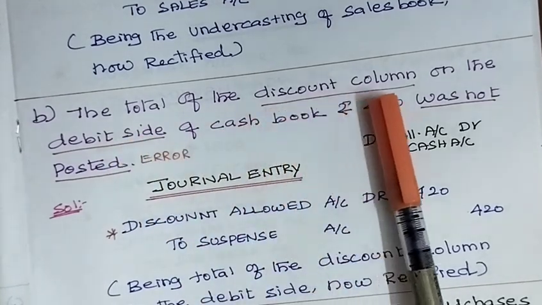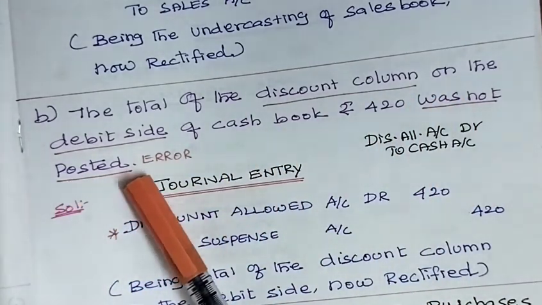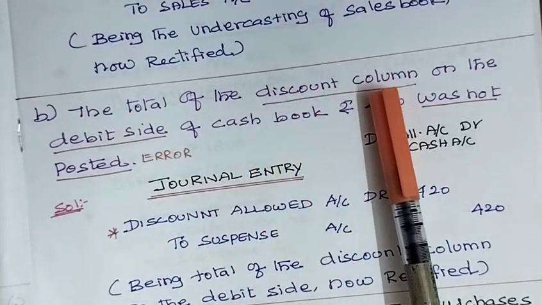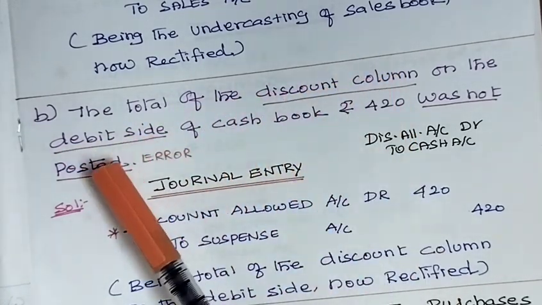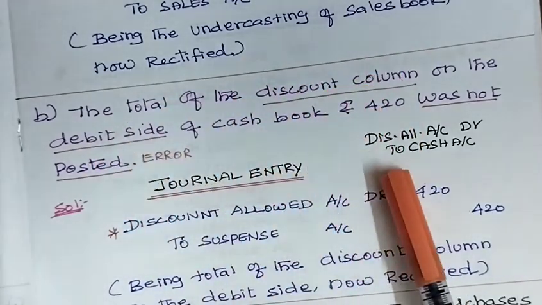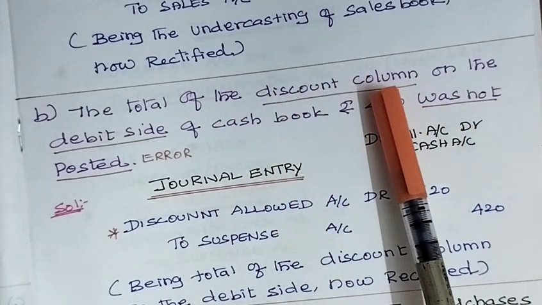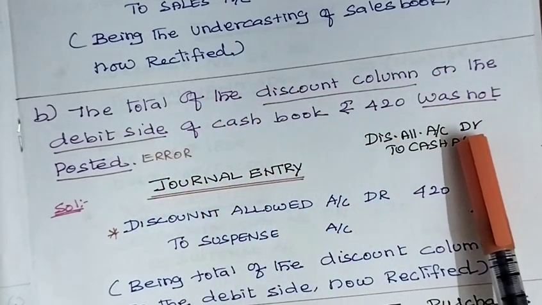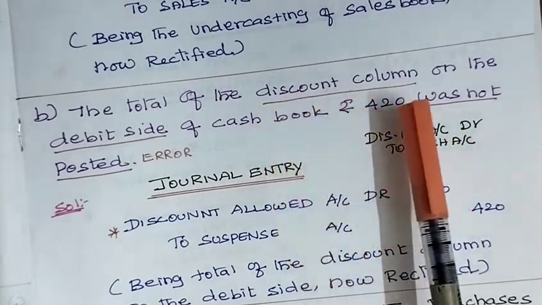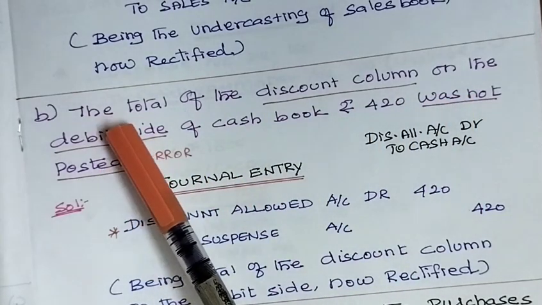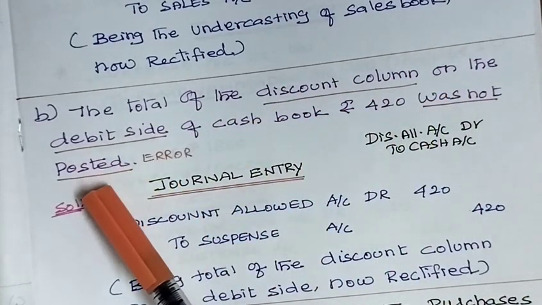The total of the discount column on the debit side of the cash book, rupees 420, was not posted. What account is given here? The discount column on the debit side. That means discount allowed. What is the journal entry? Discount allowed account debit to cash account, 420 rupees. What is the error? That 420 rupees was not posted.